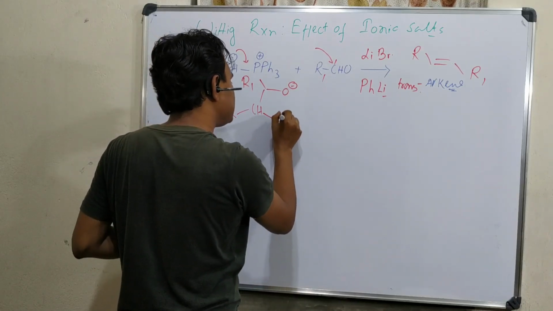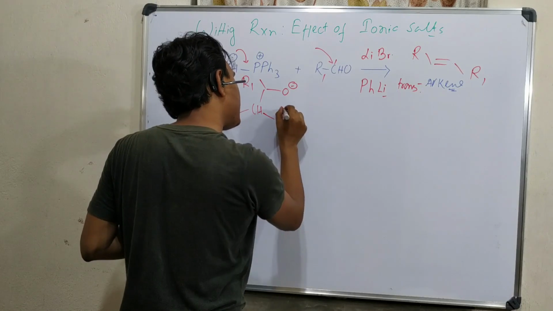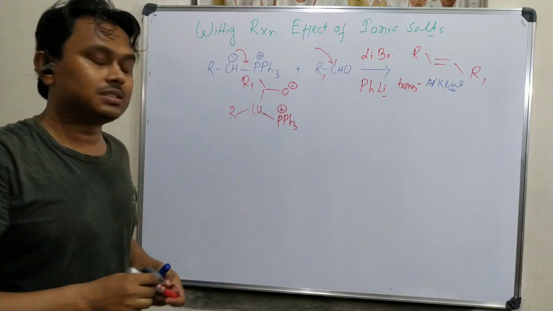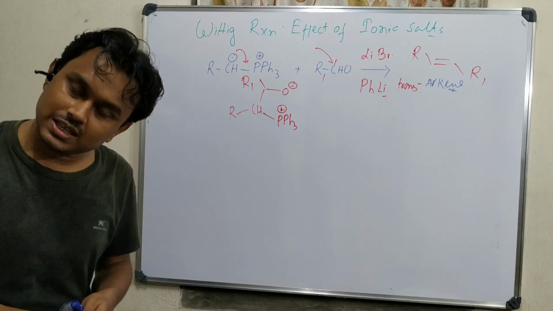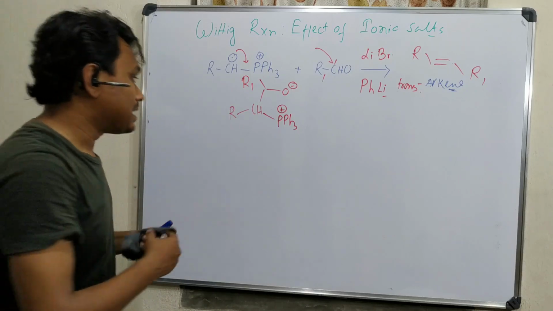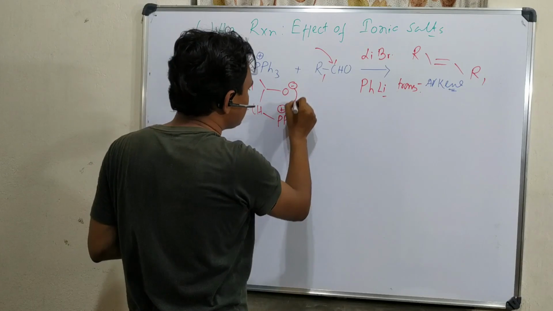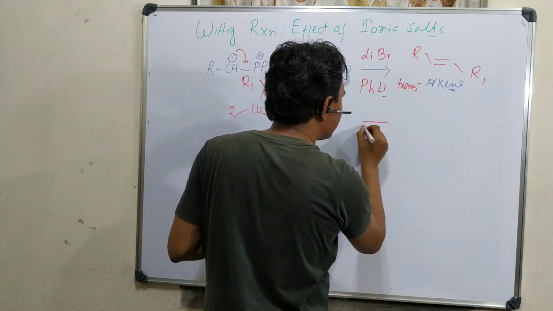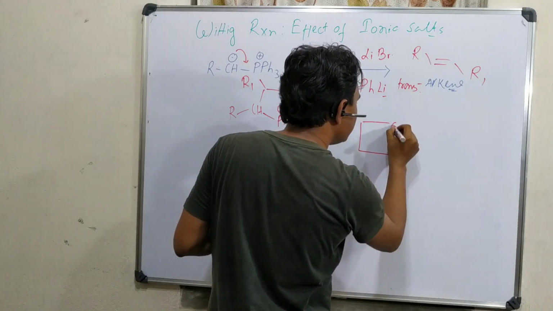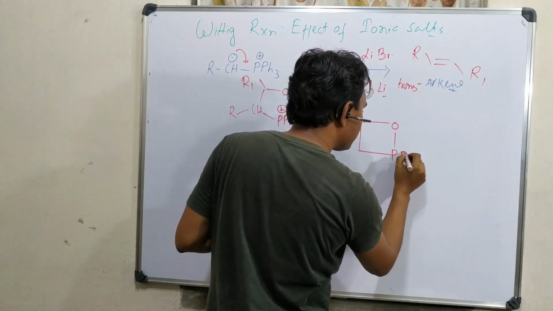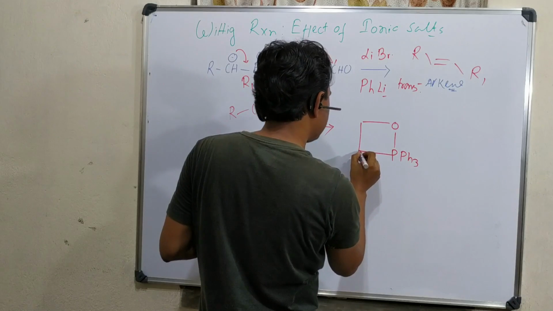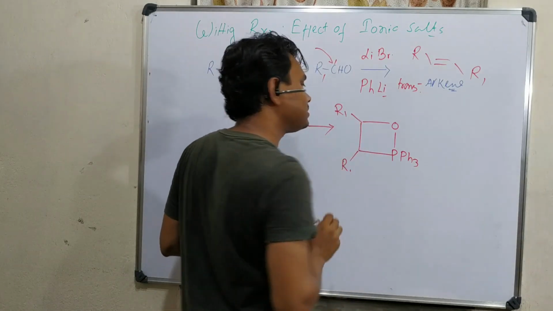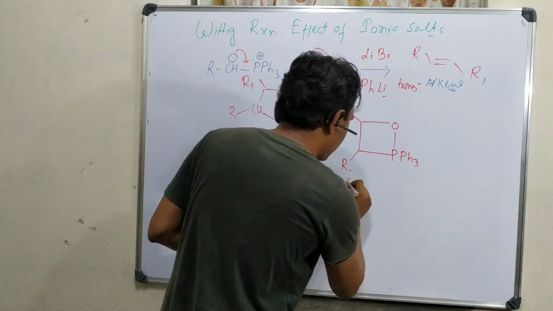So it produces this triphenylphosphine adduct. I have explained that since the phosphorus-oxygen bond energy is higher and stable, the oxygen will attack here and a four-membered ring will be formed. This is called oxaphosphetane, with PPh3, and here is R and here is R1. This is the oxaphosphetane.